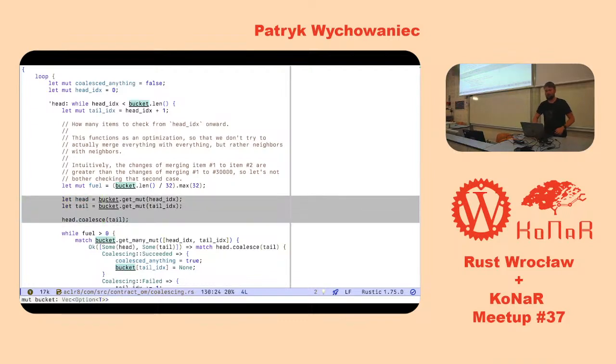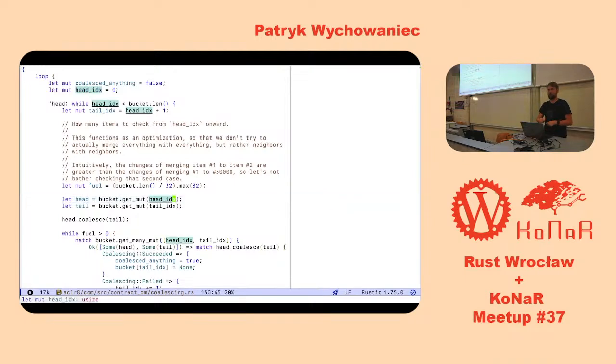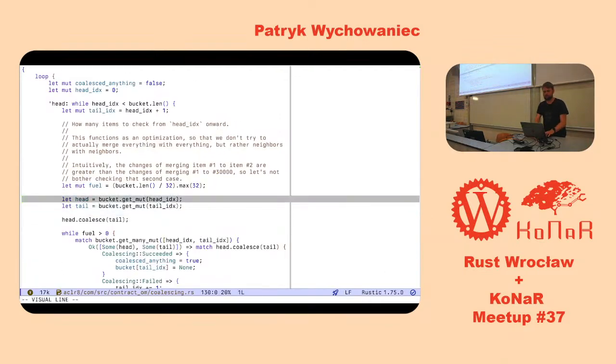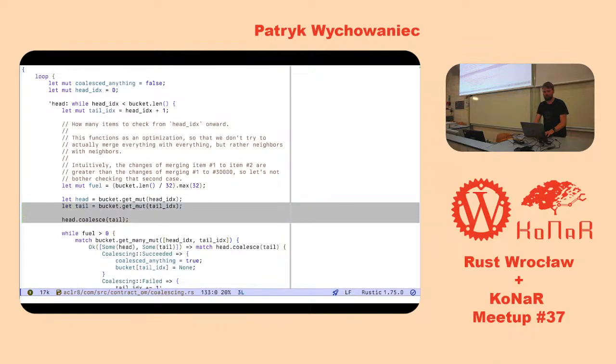The problem with that is that the compiler isn't able to reason that those indices are disjoint, or different. So it would say that you cannot call the second getMut because you already called getMut in this place and you keep the head alive. So this would be two mutable references to the same value at the same point in time.